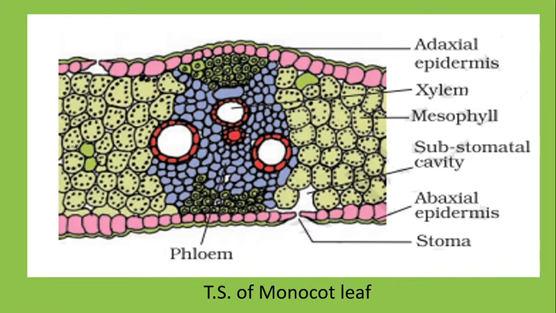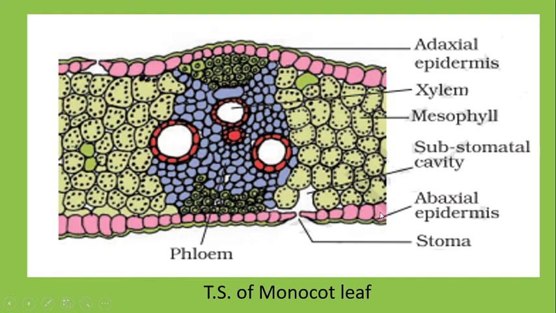Okay, in the monocot, some of the epidermal cells become larger in size. Look, the rest look regular, normal size, oval, spherical, and some of the cells here on the abaxial side and also here on the lower side are larger.